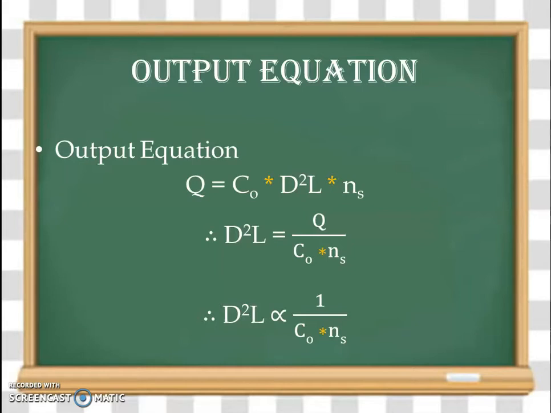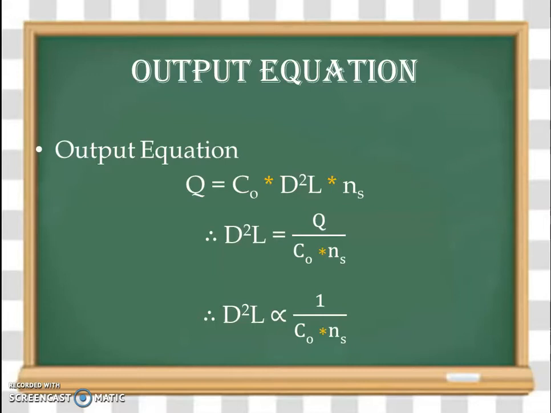Now during design, one of the main aims of the designer is to reduce the size and cost of the machine without compromising any of the performance parameters, mainly efficiency, because nowadays we design all machines to be highly energy efficient. To reduce size and cost, we have to reduce the volume, and volume is D square L.